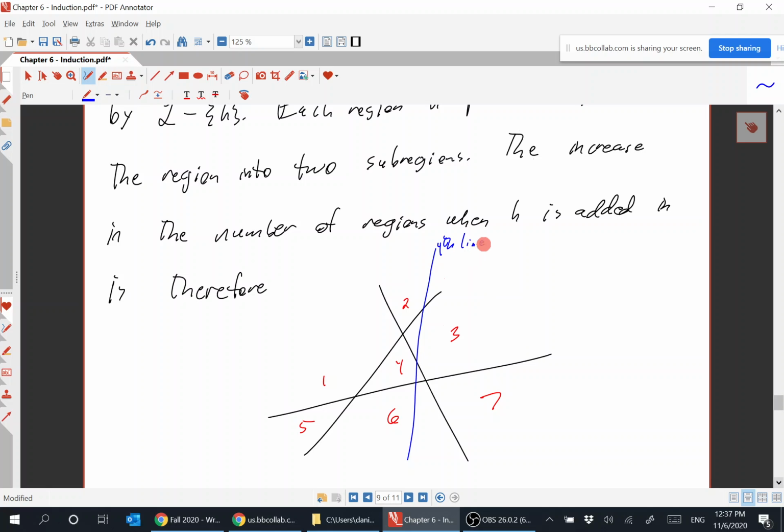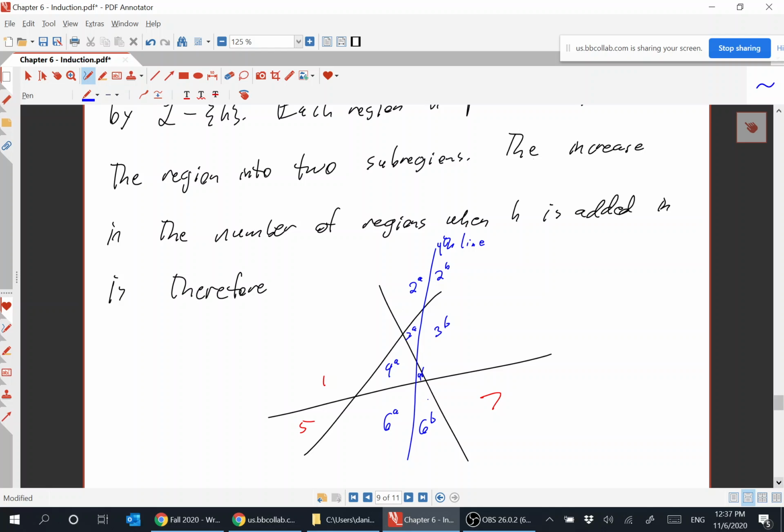It's equal to the number of lines after you add H. How many regions did we increase?